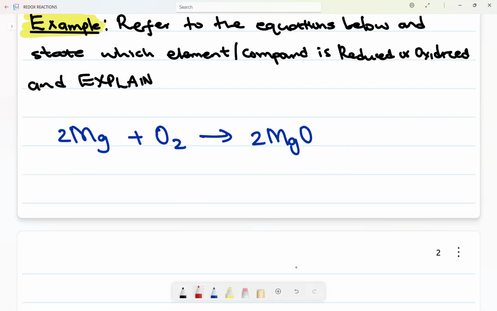oxidation number. Remember, in the previous video, we explained that a pure element has an oxidation number of 0. So Mg is pure, it has an oxidation number of 0. O2 is pure, it has an oxidation number of 0.